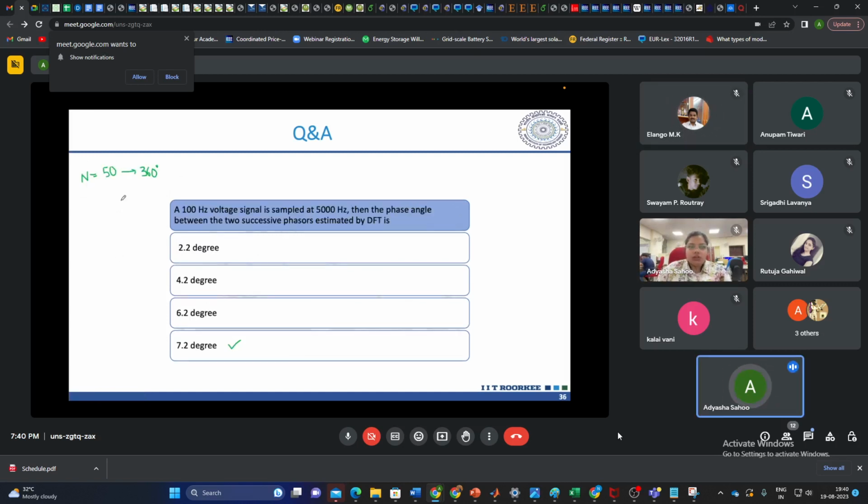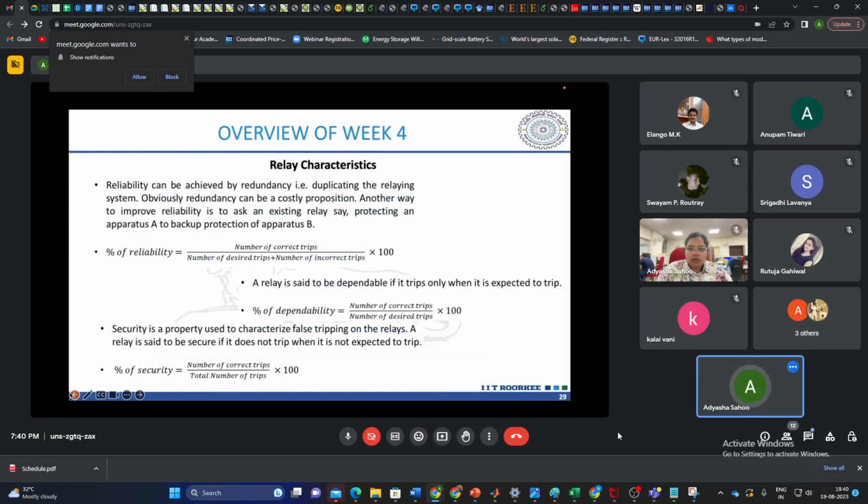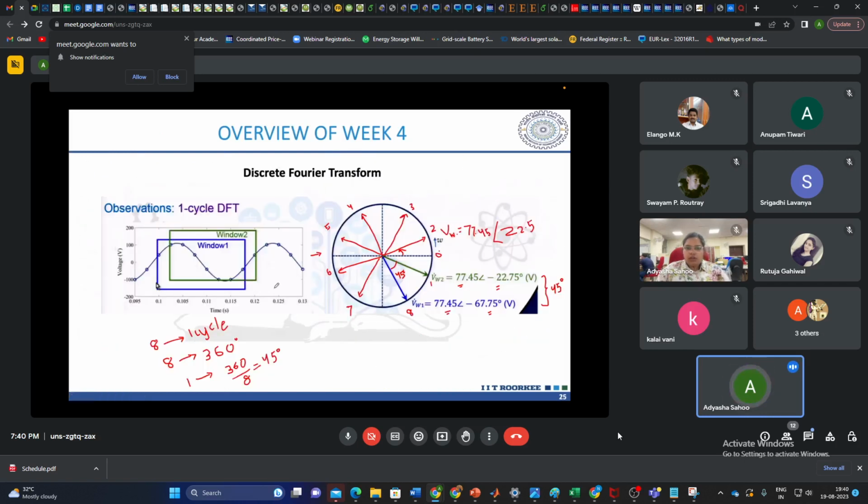Ma'am, how does it become 7.2? Sure, sir. We got 50 samples per cycle. One cycle goes from 0 to pi to 2 pi, so 50 samples cover 2 pi. Likewise we discussed earlier that we had 8 samples.